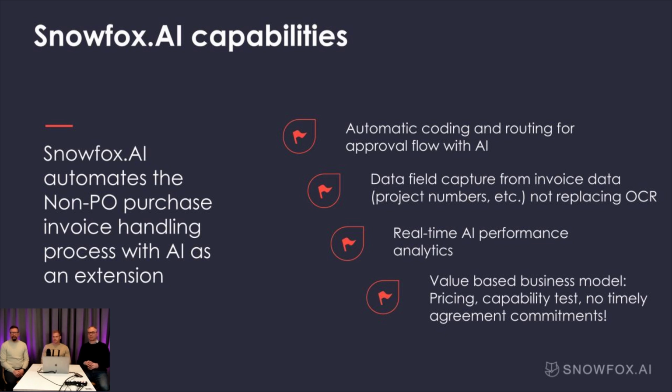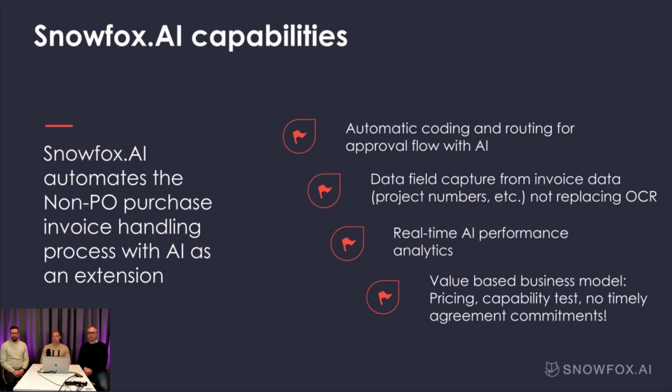We also have capabilities to capture or extract data from the invoice, for example project numbers, reference information, and in some cases even PO information, to support your automation and how the Snowfox AI works. But to be clear, we are not replacing the OCR. We are improving the OCR rate in some cases.